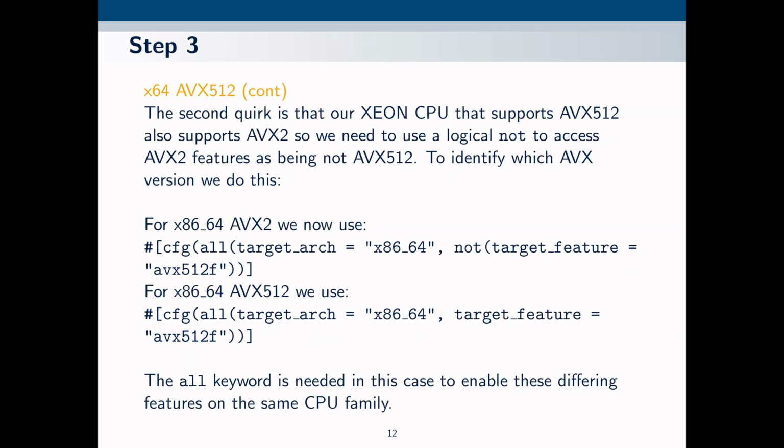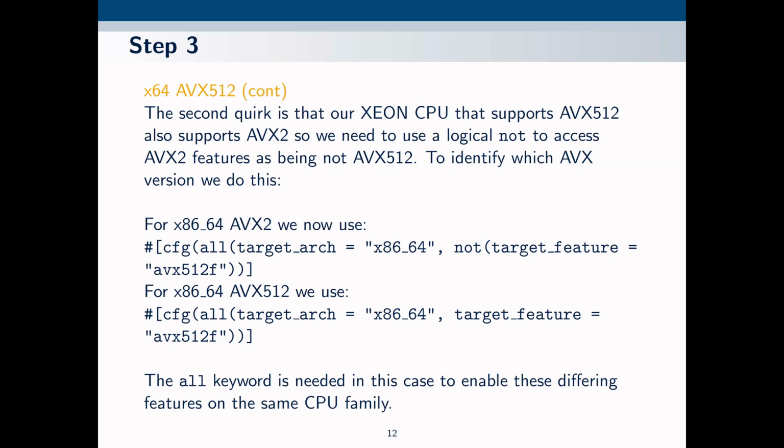The next interesting quirk of this is a CPU that has AVX512 also supports AVX2. So in our source code, dividing up how the compiler is going to choose which code to use, for AVX2 we're actually saying if there's not the AVX512 feature, we're using AVX2. But if there is, we're using AVX512.